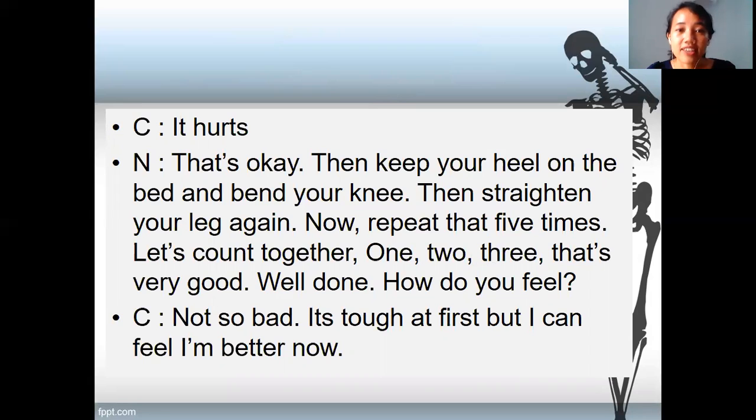That's okay. Then keep your heel on the bed and bend your knee. Then straighten your leg again. Now repeat it 5 times. Let's count together. 1, 2, 3. That's very good. Well done. How do you feel? Not so bad. It's tough at first, but I can feel better now.